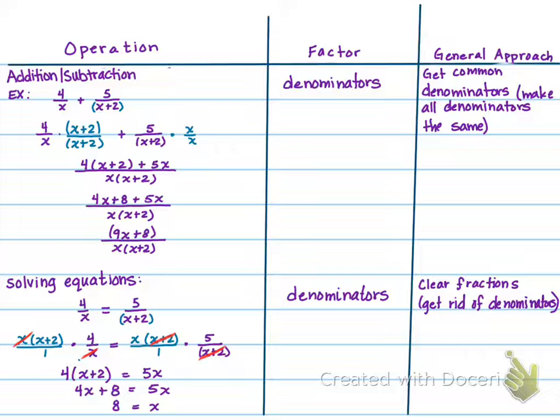So the idea of this mixed practice worksheet I'm giving you for homework is just to get you to think really deliberately through, what do I actually need to factor, and do I need common denominators, or do I clear fractions, right?